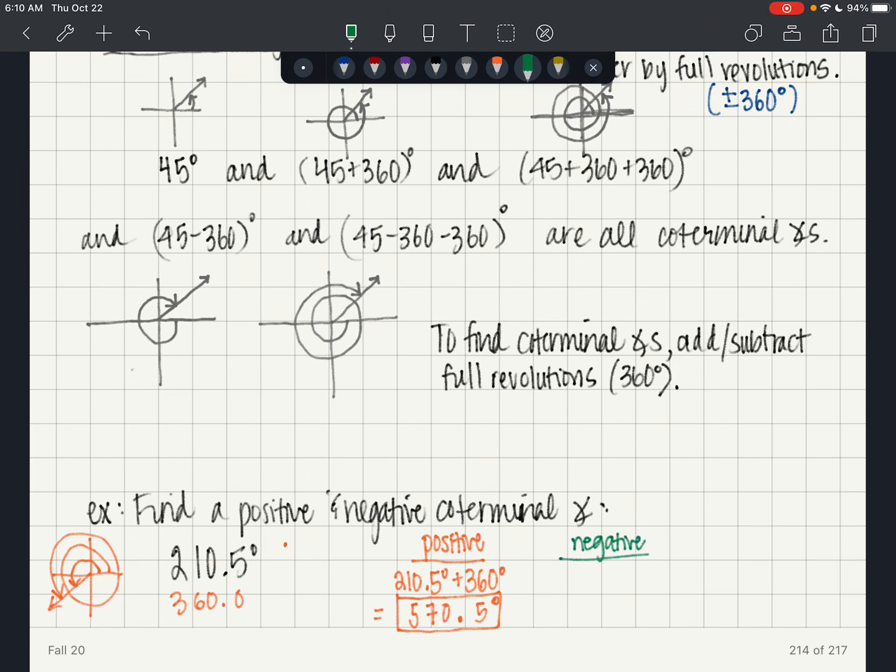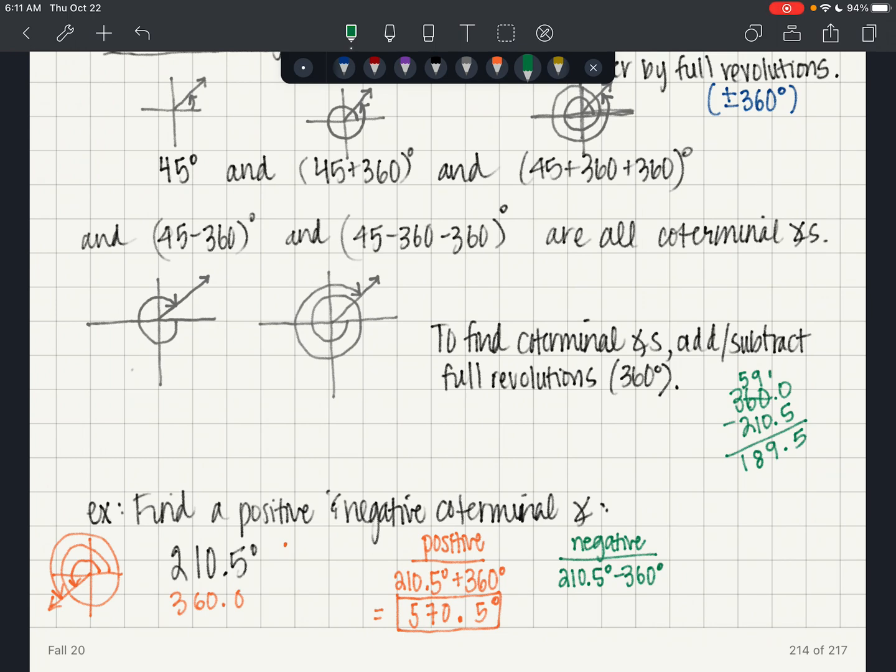Negative coterminal angles. Here's a negative coterminal angle. We're going to take 210.5 degrees and we're going to subtract 360. That's going to give us a negative angle. So 360 minus 210.5 is going to be, let's see, 189.5.